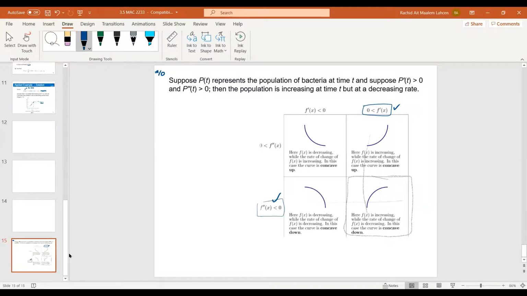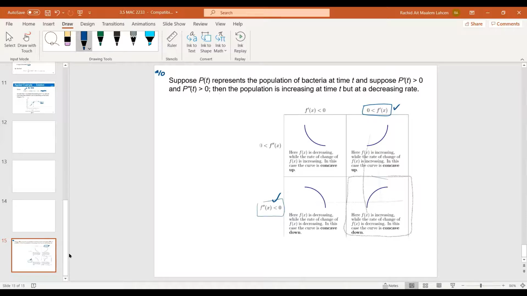So now we'll answer this number 10. Suppose that P of t represents the population of bacteria at a time t. And suppose the first derivative, or the rate of change of P of t, is positive. Then we calculate the second derivative, which is the rate of change of P prime.